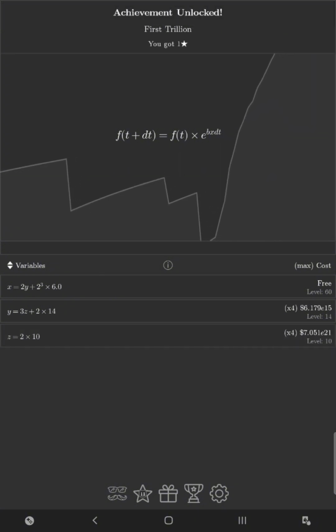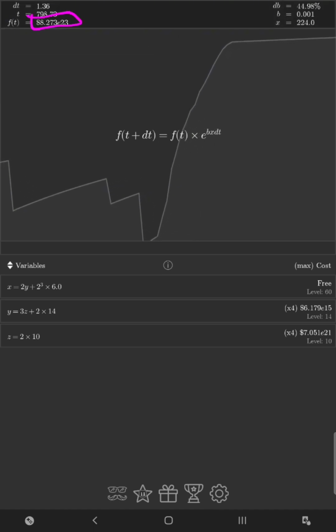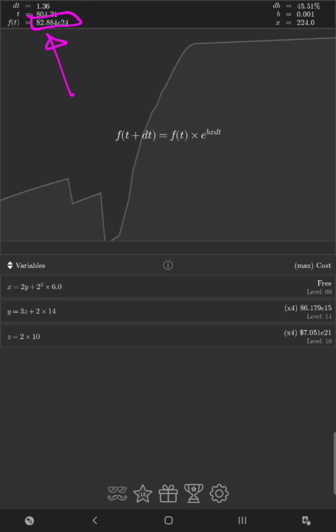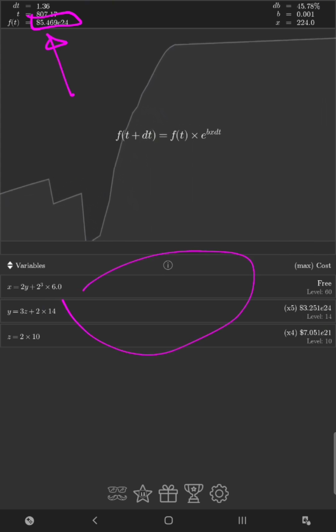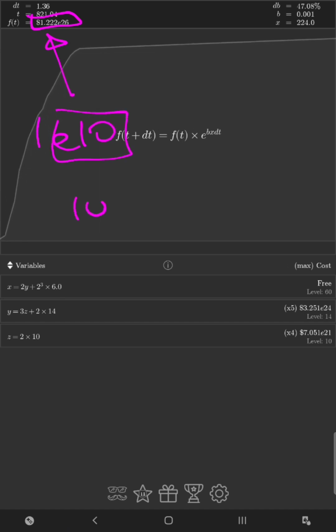Okay, I have played the game for a little bit, and as you can see, we have reached a lot of money because I just tapped the screen a lot, and we can use that to buy more upgrades. But what I want to tell you is what the E actually means. For example, 1E10 means 10 to the 10.